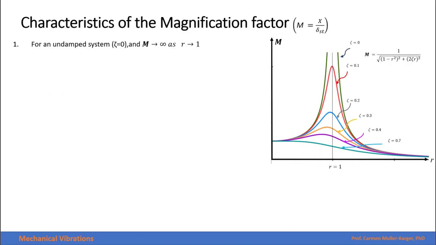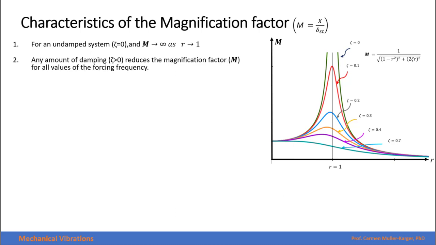In this slide, we have the characteristics that we just observed in our graph, where we said that for damping equal to 0, when R is 1, we call that phenomenon resonance, and the magnification factor becomes infinity. Any amount of damping reduces the magnification factor for all forcing frequencies.